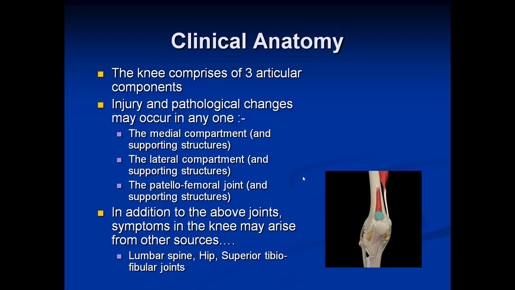We will also consider the superior tibiofibular joint within the knee area. But when considering pain in and around the knee joint, you must consider that it may be referred from either the lumbar spine, the hip, or the superior tibiofibular joint.